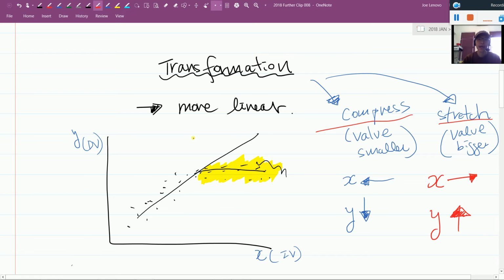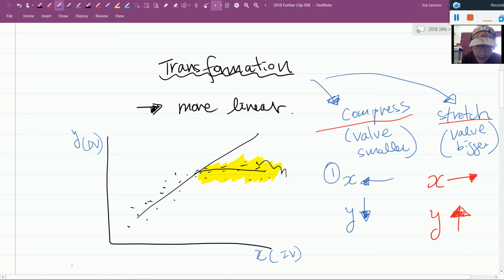If we look at the very first situation, which is compressing the x, we have all the points here highlighted yellow. Then what do we do? If we compress, we try to bring all the data closer.